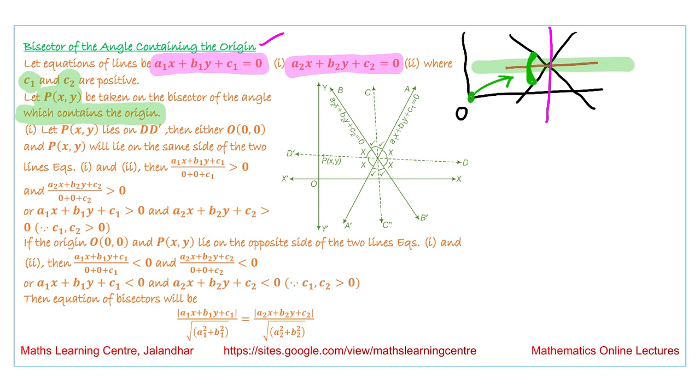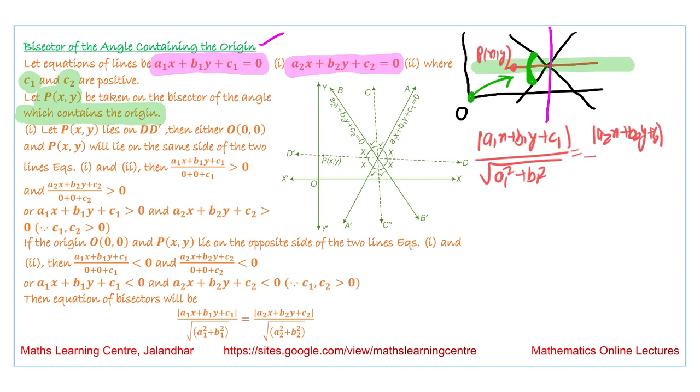And we know the equation of the line corresponding to it. Suppose on this line we have some point, P of x comma y. Then we have: mod of (a1x plus b1y plus c1) over square root of a1 square plus b1 square equals mod of (a2x plus b2y plus c2) divided by square root of a2 square plus b2 square.